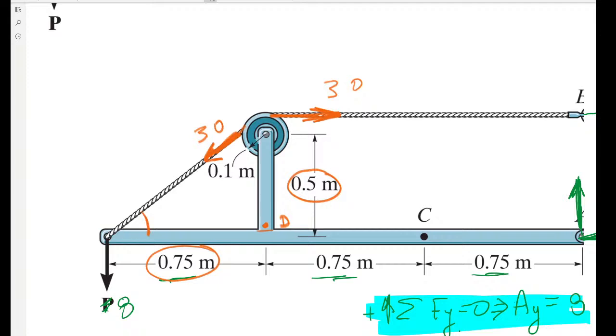Oh, well. So tangent of theta is equal to 0.5 over 0.75.